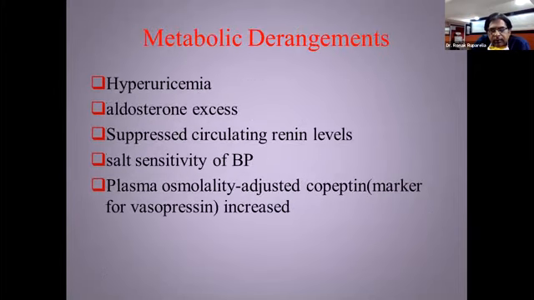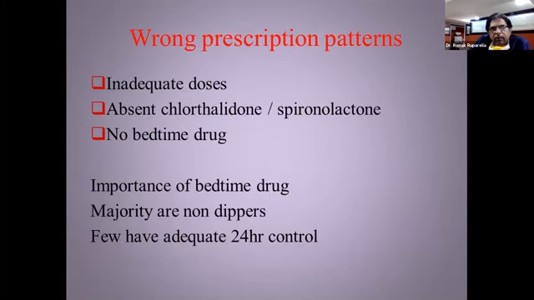Wrong prescription patterns are usually responsible for pseudo-resistant hypertension. It includes inadequate doses, absent chlorthalidone or spironolactone in the prescription, and no bedtime drug. Now, the importance of a bedtime drug is that the majority are non-dippers.